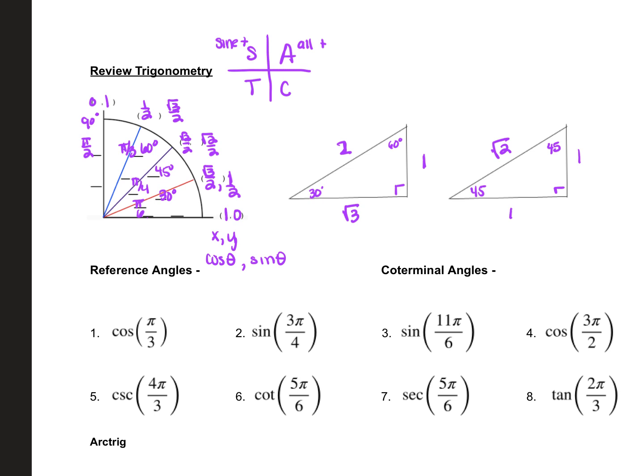It's to the left of the y-axis, so it wouldn't be. Here, tangent and its reciprocal, cotangent, are positive. In the third quadrant, both x and y are going to be negative, so both sine and cosine are going to be negative, which means the ratio for tangent is going to be positive. And over here, cosine and all of its friends are going to be positive.